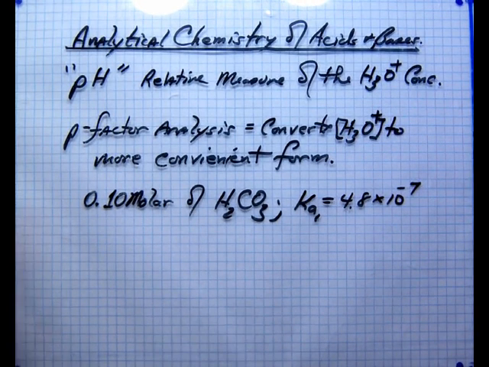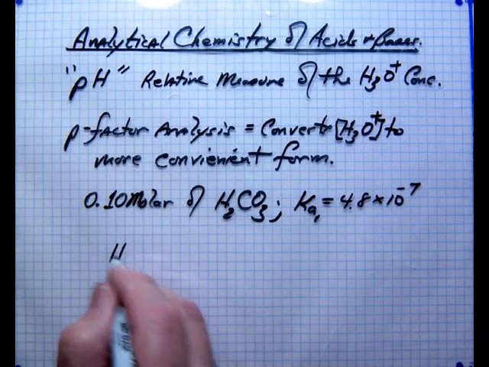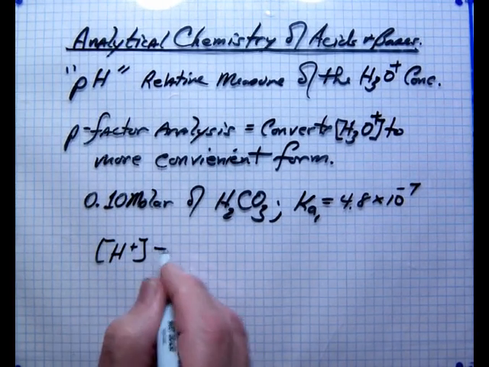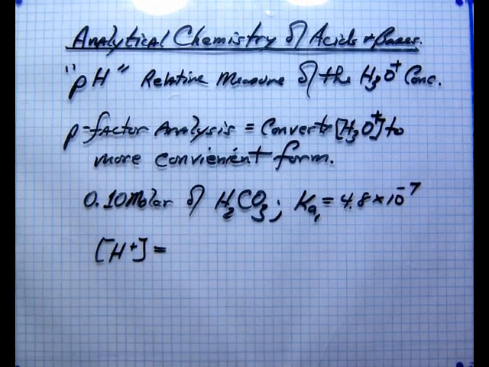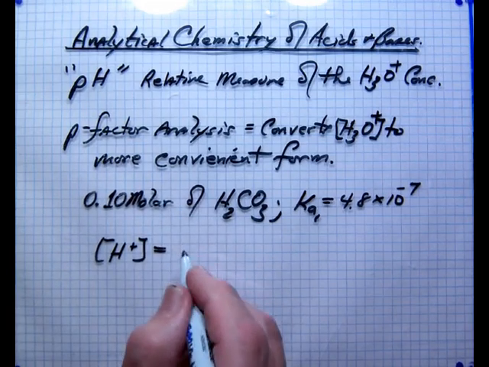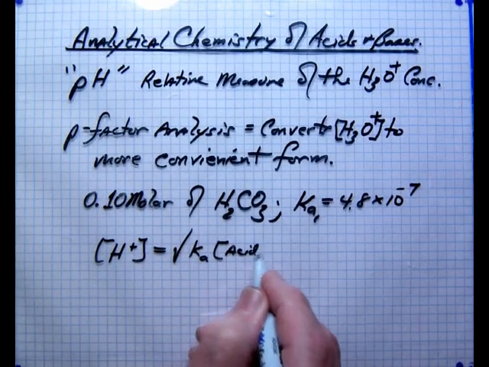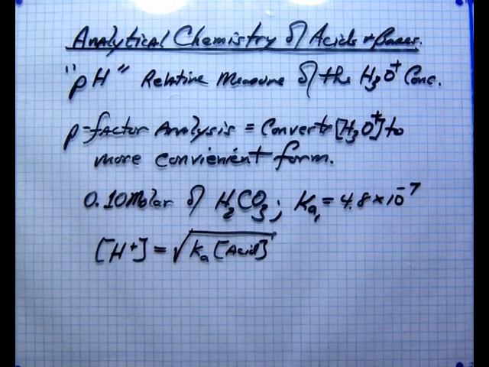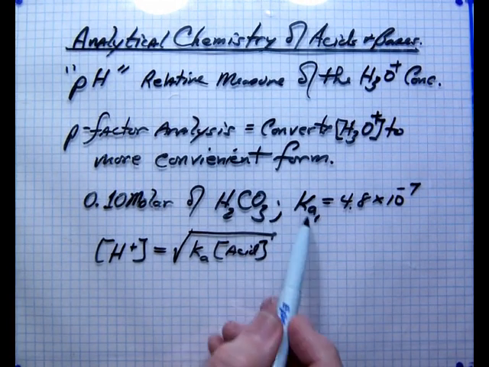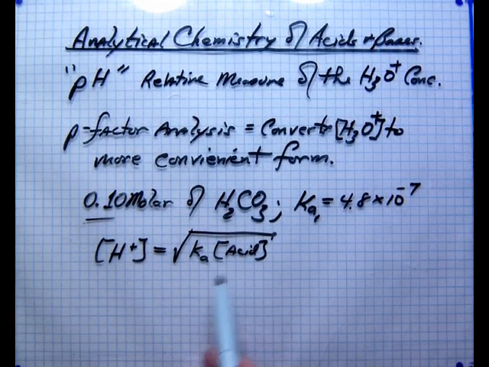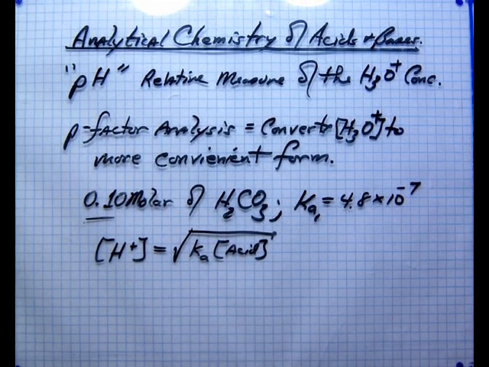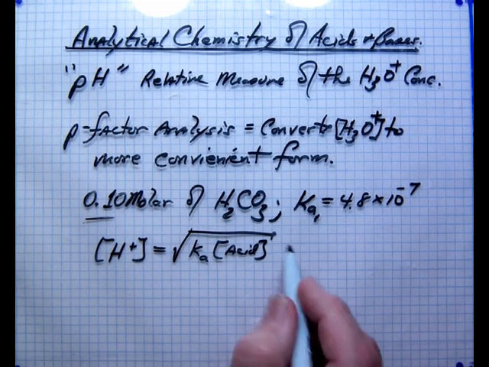You can calculate using the following equation the concentration of the hydronium ion in solution, which is the Ka value times the concentration of the acid, square root of that, and it'll give you the concentration in moles per liter, which is the most widely used designation for compound concentrations.